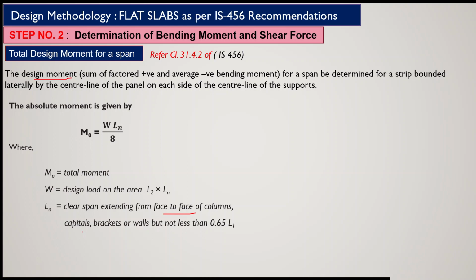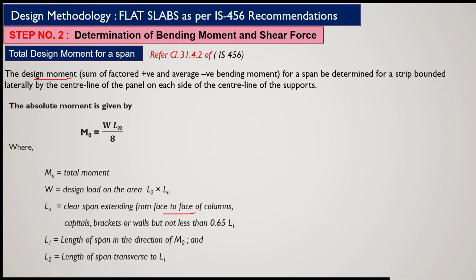If there are capitals, brackets or walls, Ln shall not be less than 0.65 L1, that means 65% of L1. Now what is L1? L1 is the length of span in the direction of design moment, the direction in which you are calculating the design moment.